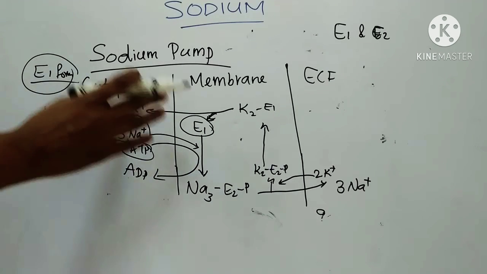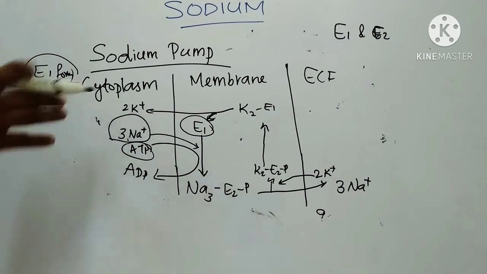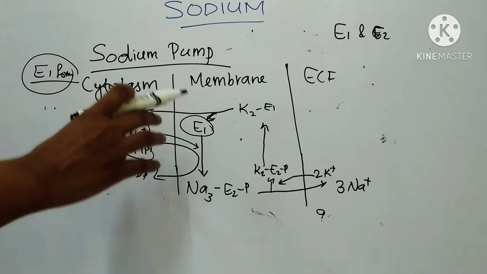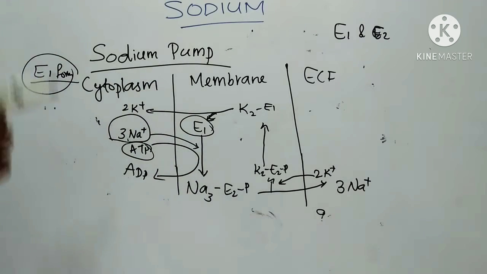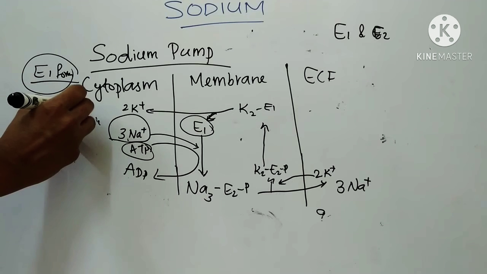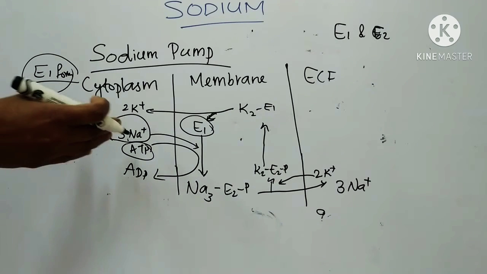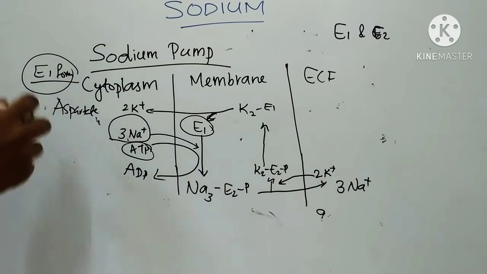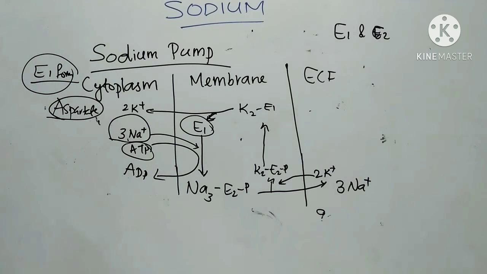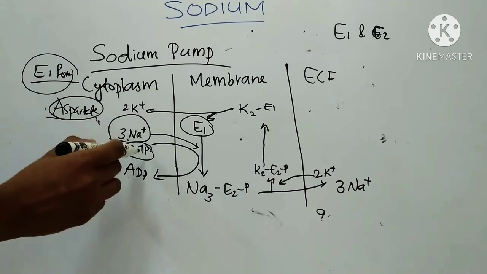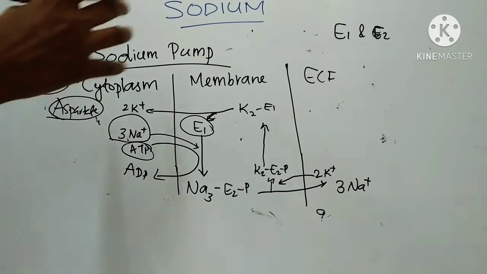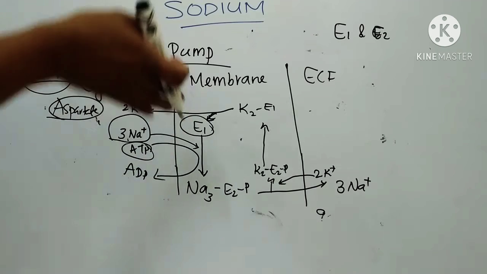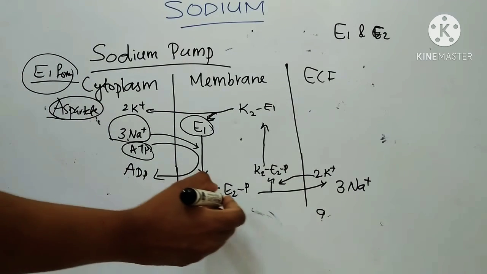This leads to phosphorylation of the aspartate residue of E1 with the help of ATP and Mg++. This phosphorylation of the aspartate residue of E1 results in a conformational change, and E1 is changed to E2.